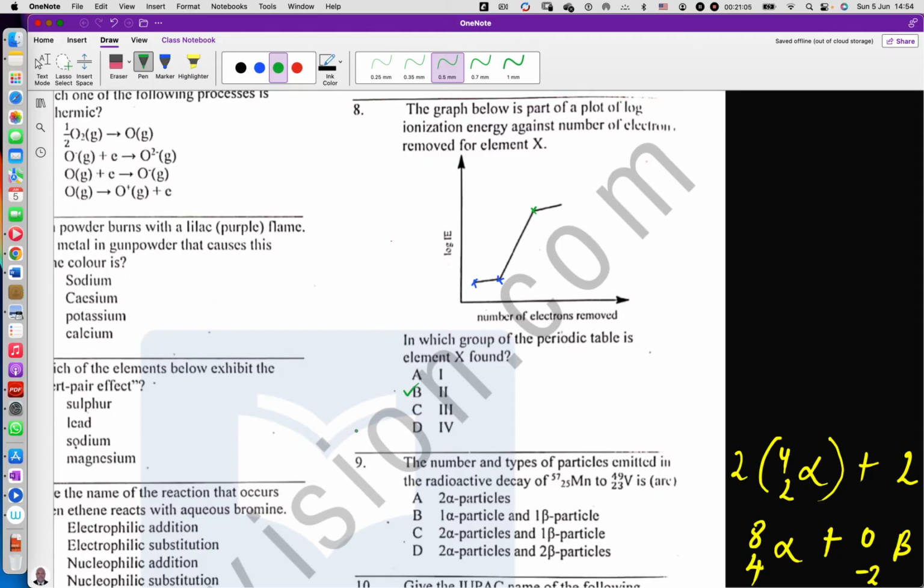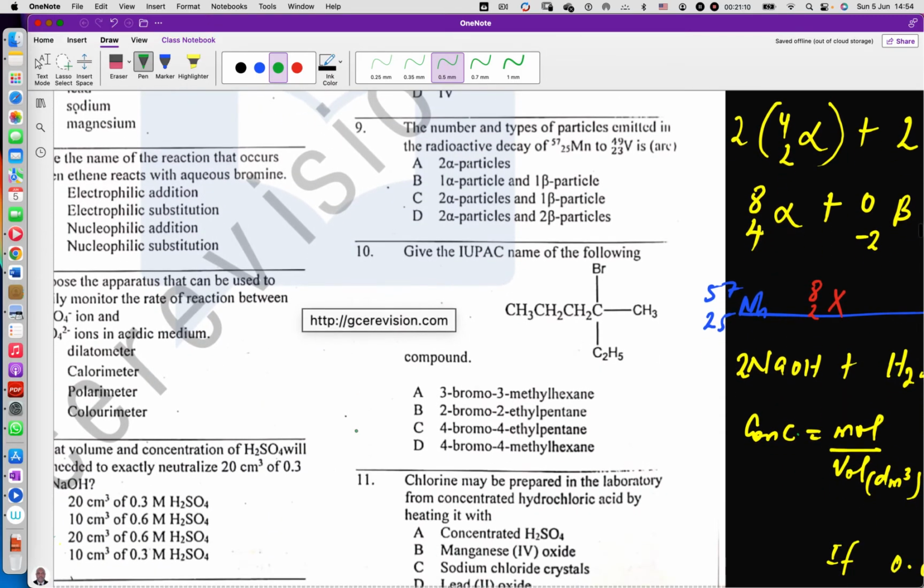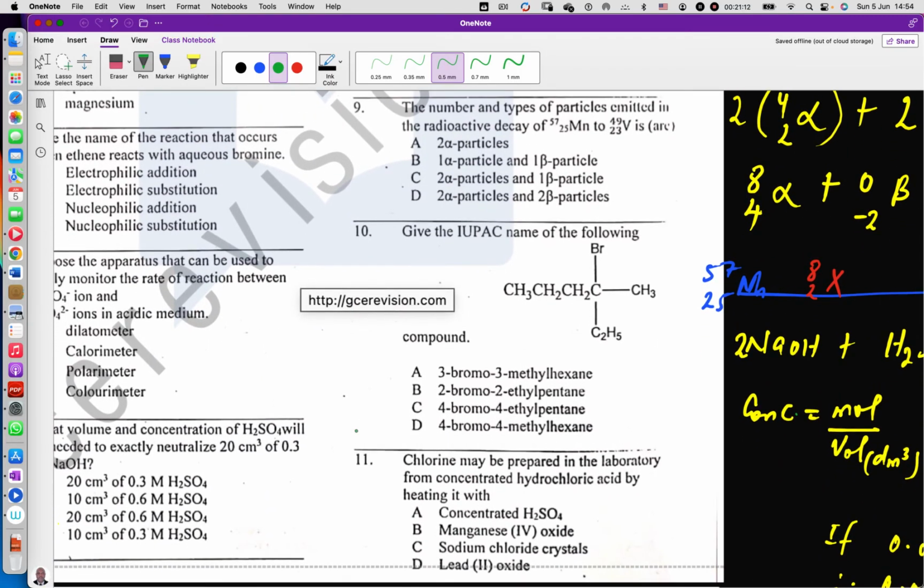Let's go to question number 9. It has to do with decays: the number and the type of particles emitted in radioactive decays.